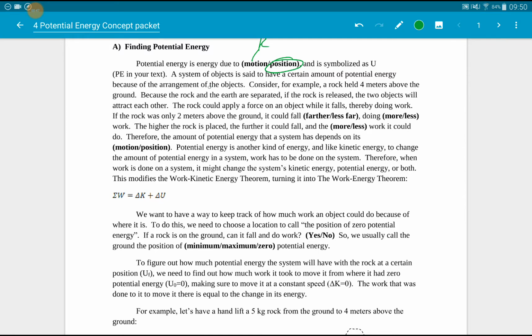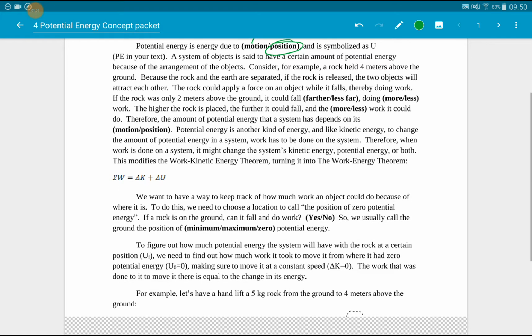A system of objects is said to have a certain amount of potential energy because of the arrangement of the objects, again, where they are, the position. Consider, for example, some sort of rock that's held 4 meters above the ground. Because the rock and the earth are separated, if the rock is released, the objects will attract one another. And they attract one another even if they're not released.